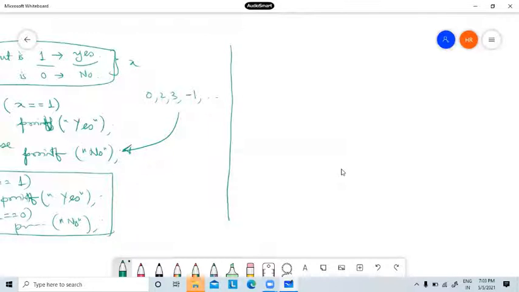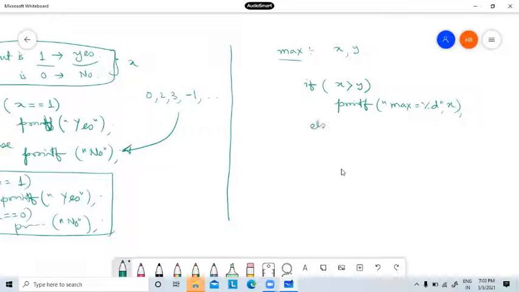Suppose I want to check which one is maximum among the two inputs x and y. There are two integer values x and y, which one is maximum? In that case, how will I write it? If x is greater than y, then I will print that the maximum is x.